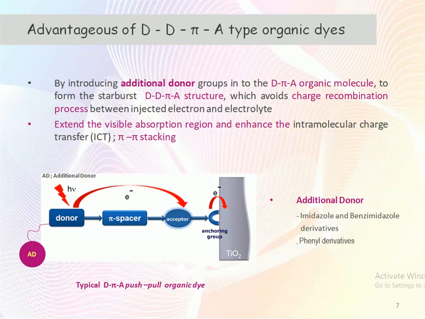Some examples of additional donors are imidazole and benzimidazole derivatives, phenyl derivatives, and so on. The anchoring group not only participates in anchoring to the surface of TiO2, but is also responsible for the photophysical properties, electrochemical properties, as well as the photovoltaic performance of the dyes.